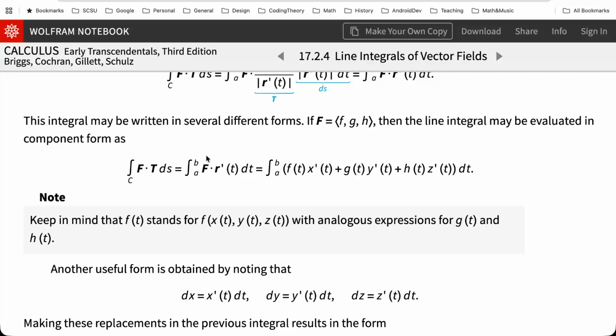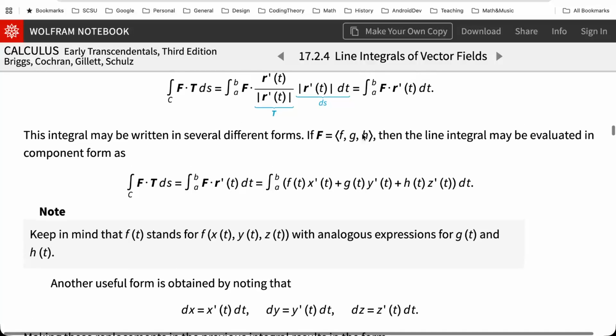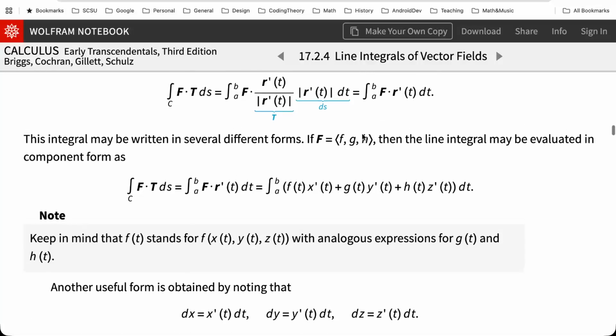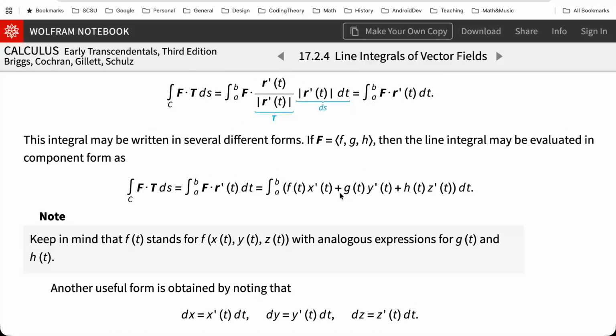Now, F wasn't getting its coordinate functions quite this easily, but at a particular time, you'll get x, y, and z coordinates, and you'll feed those into capital F, and you can pull that apart so that f of t is the x coordinate of capital F at time t. g of t is the y coordinate of capital F at time t.